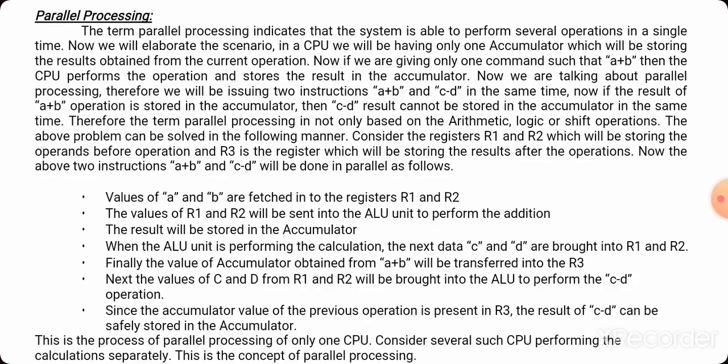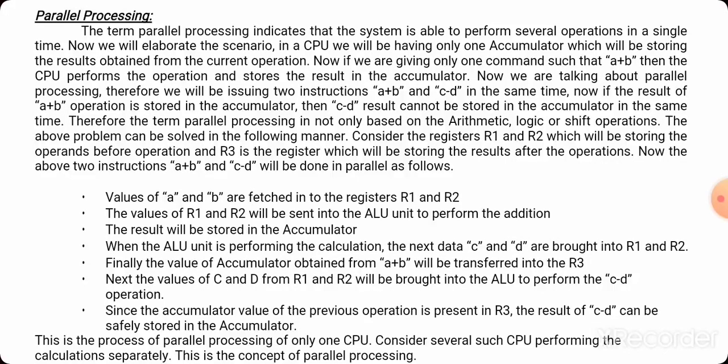How do we perform the add operation in parallel processing? Now we are discussing that. We have to consider two registers, R1 and R2. Those are the load registers. R1 will take A and R2 will take B, fetching the operands A and B. Then let's come to the points.